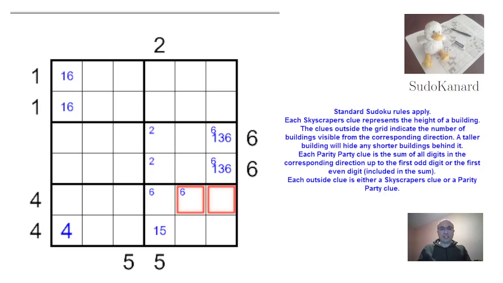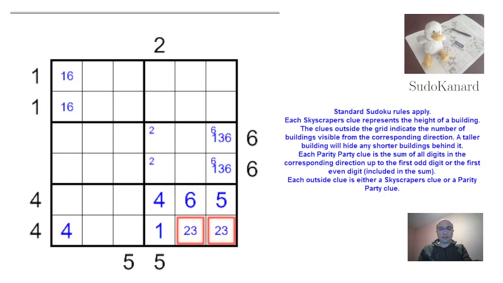So 5 has to be somewhere there, and therefore this is 1, and this is 4. So you see, we don't have to do that difficult logic that I had used earlier to eliminate the possibility that 6 be here, because we have new information. So 6 is here, that's a 5.